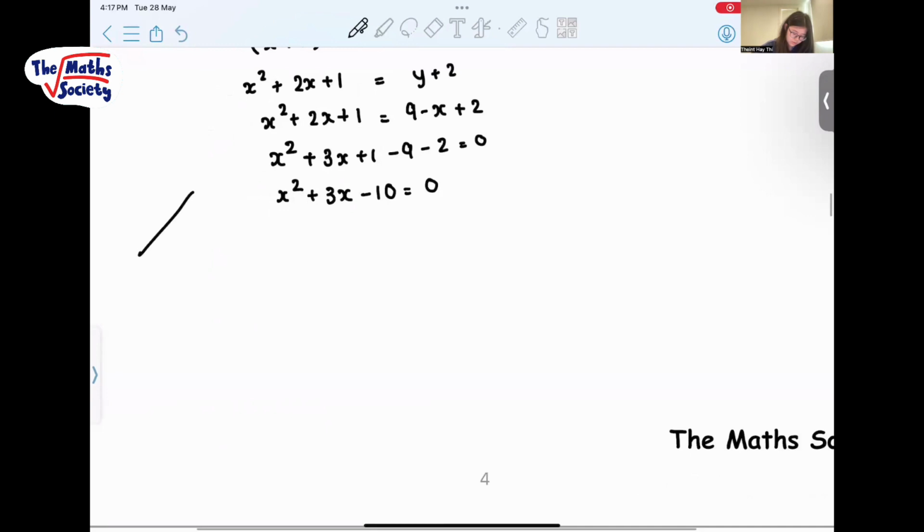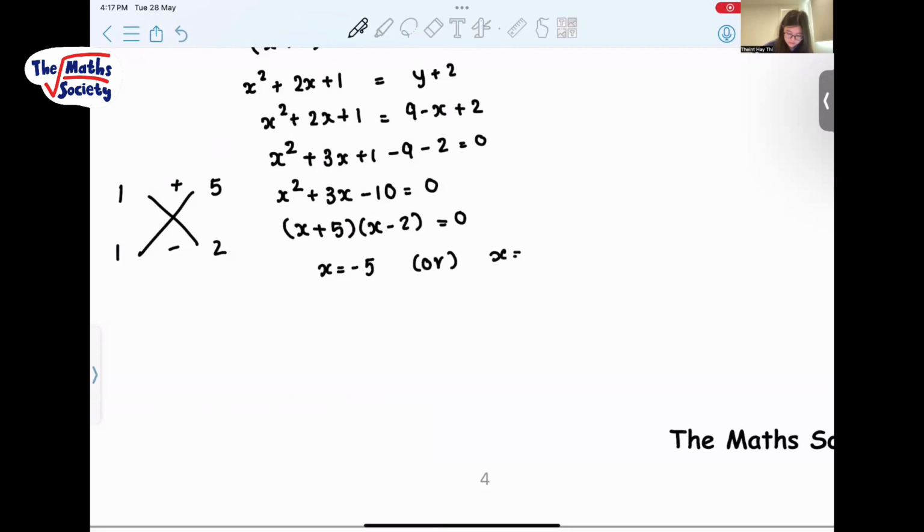Then as usual, factorise: 1, 1, 5, and then 2. So it's plus, minus, so I have x plus 5, x minus 2, equals 0, then x will be equal to minus 5, or x will be equal to 2.